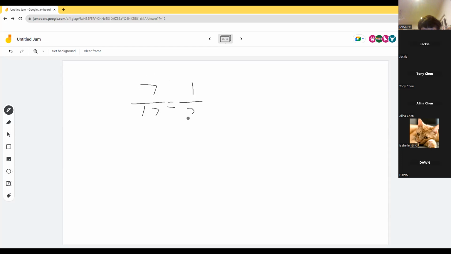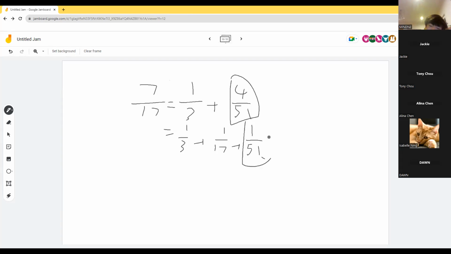A third, and then, yeah, so we know we can keep decreasing the remainder.